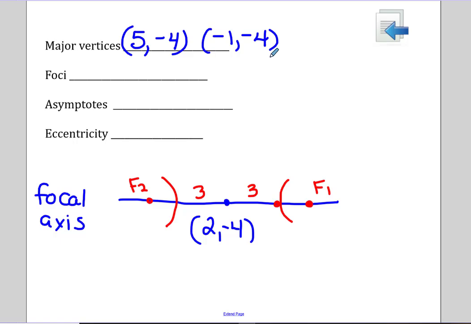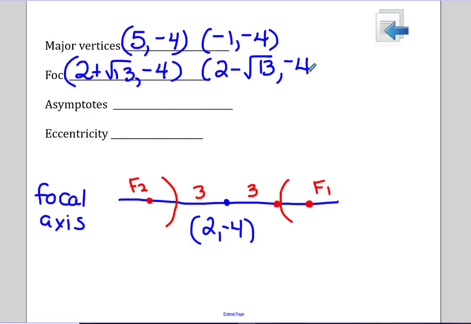Same thing on the focal points. If we're adding the square root of 13, we're adding it to the x. So we're getting 2 plus the square root of 13, and the -4 y value stays the same for the first focus. And then to go to the left, we'd go 2 minus the square root of 13 and down 4. And then the asymptotes, that would be the b value over the a value, because we would rise 2 and run 3.